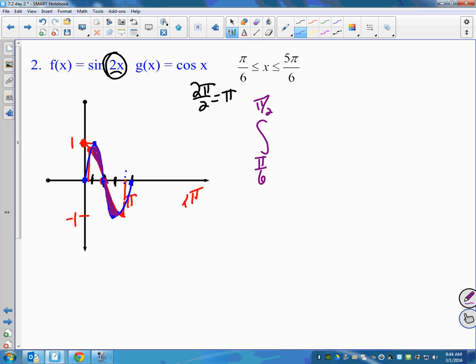Which function is on top? The new one, right? The fine graph. That's just going to give me the area of that little section there.